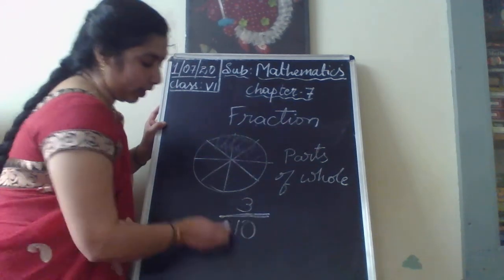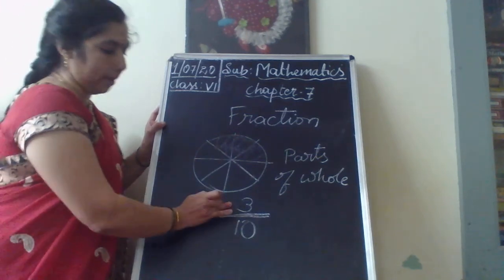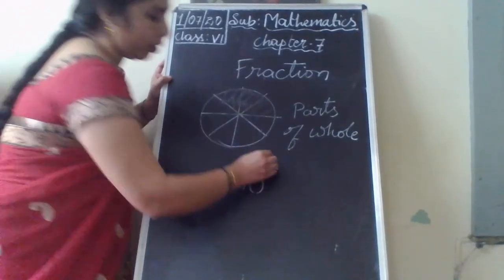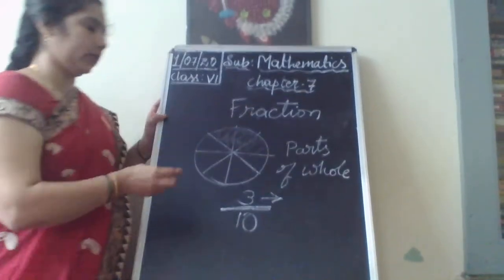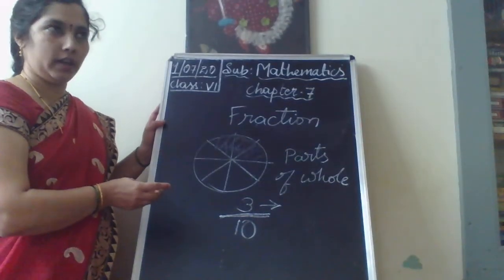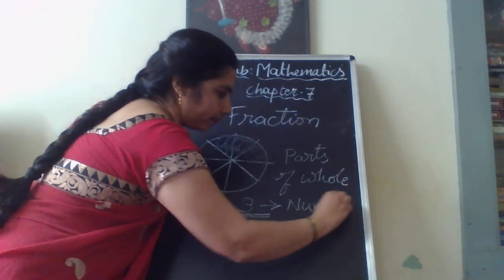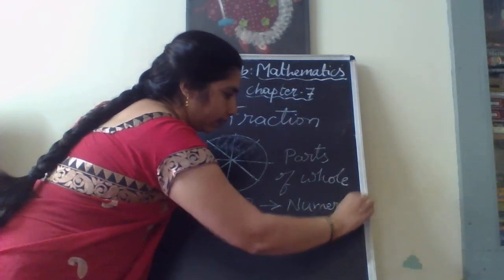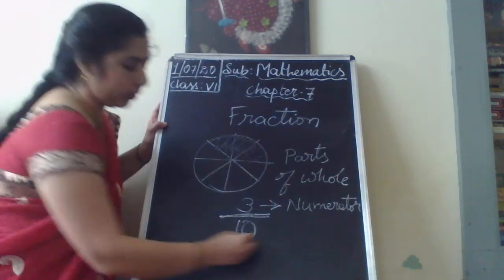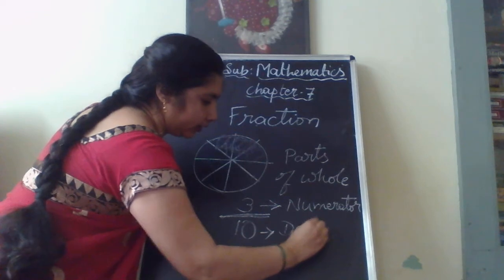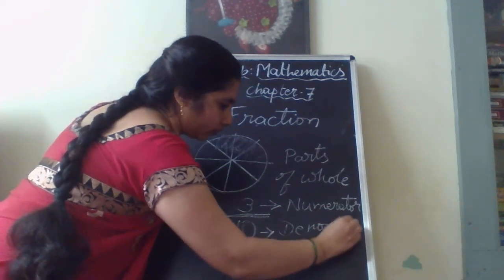In this fraction we have 2 parts, the upper number and the lower number of the line. The number which is written above the line we call the numerator. The number which is written below the line we call the denominator.